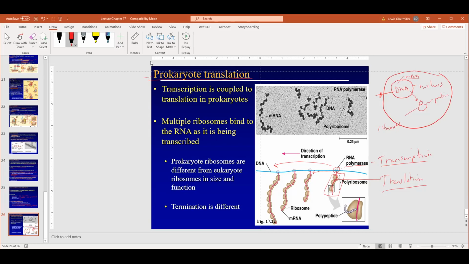So that's quite a lengthy process to go through, as opposed to a prokaryote, which just has its DNA and its ribosomes all in the same place. And so if it gets an external signal, once it starts transcription, it can also do translation and make the protein right away.